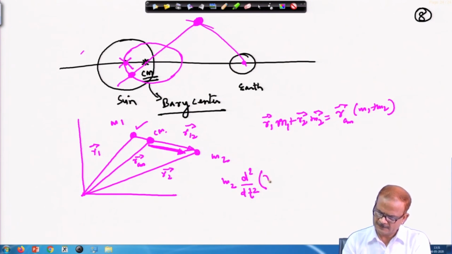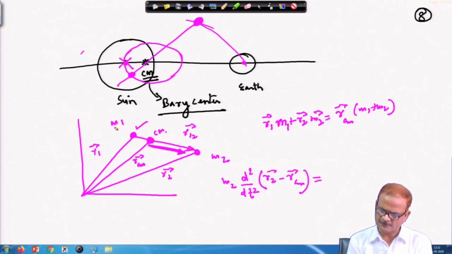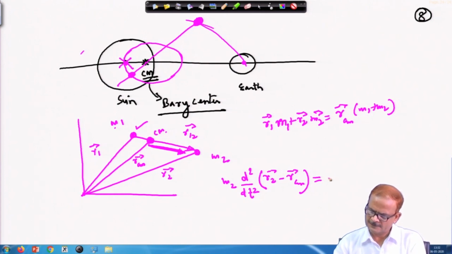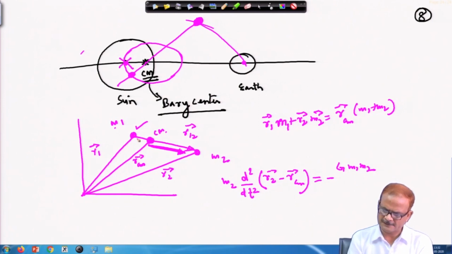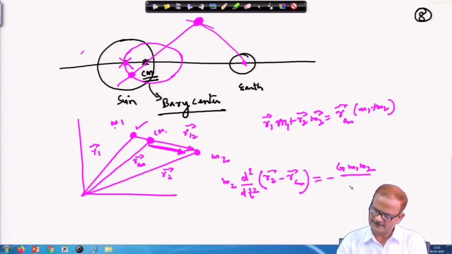So this will be R2 minus RCM. And the force acting on the system is because of mass 1. So this is minus G M1 M2, acting in the opposite direction, divided by R12 whole cube, times the unit vector in the R12 direction.